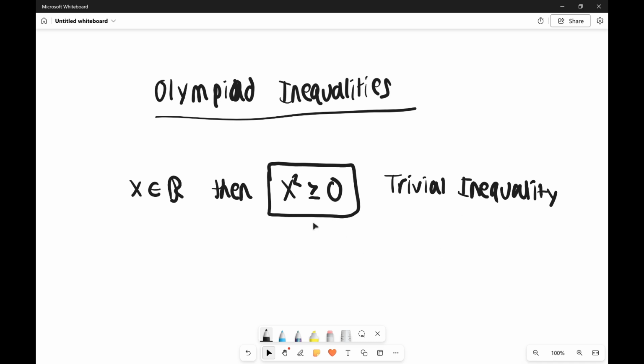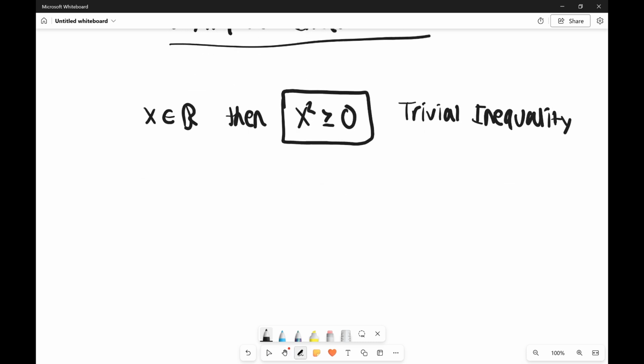So how will this even help us at all? If I go ahead and write the following square, (x minus y) squared is greater than or equal to 0. Now we've introduced two variables into the picture, and you'll see why I made this choice of variables here and why I put the minus sign. Expanding this out gives x squared plus y squared minus 2xy is greater than or equal to 0.